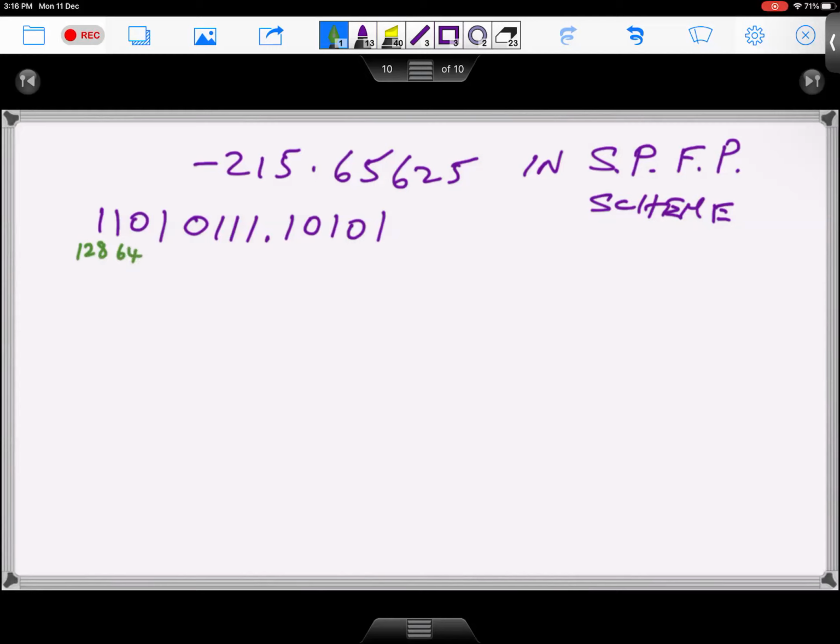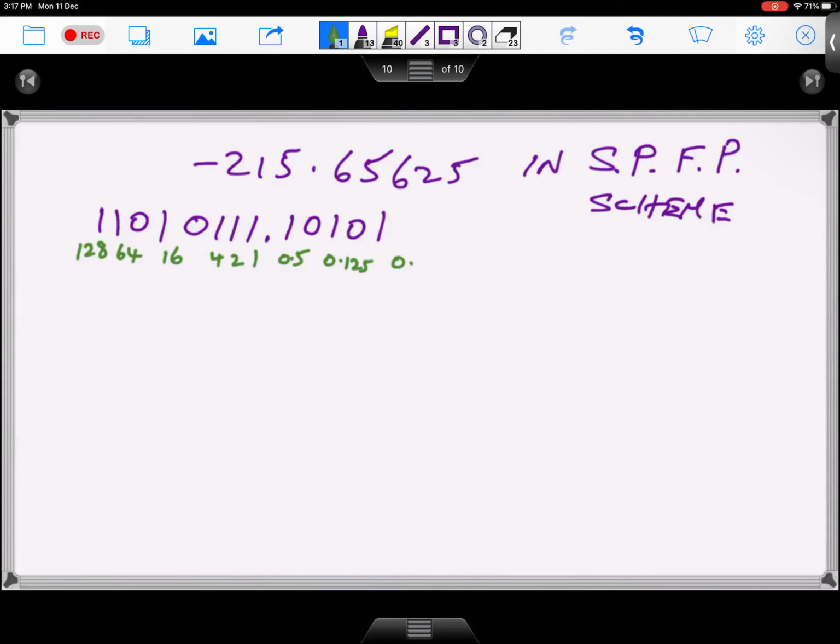That one is worth 64. That one is worth 16. That one is worth 4. That one's worth 2. And that one's worth 1. This one is worth 0.5. This one is worth here, 0.125.